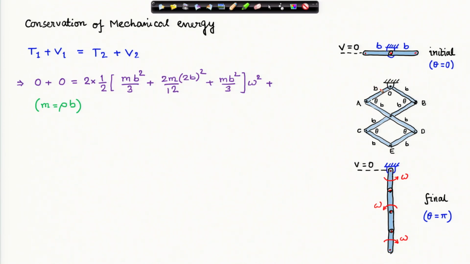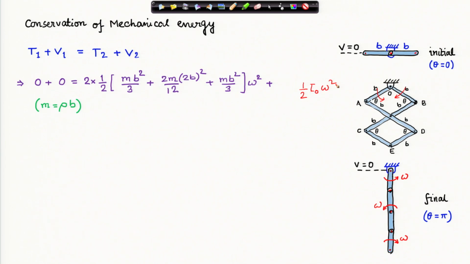As I mentioned, these two bars are moving inwards like this. They are hinged at O. I can write the kinetic energy of each bar as half I about O times omega square.